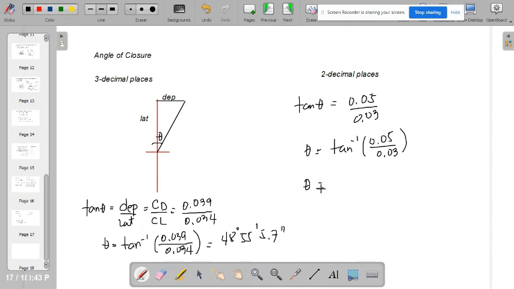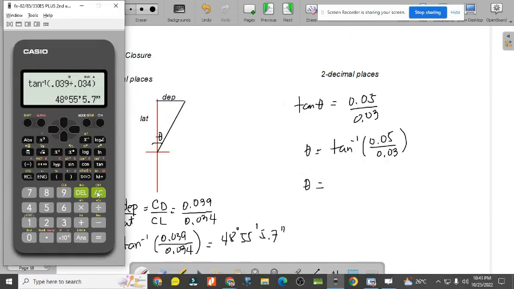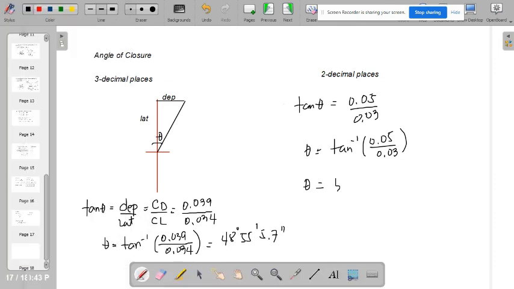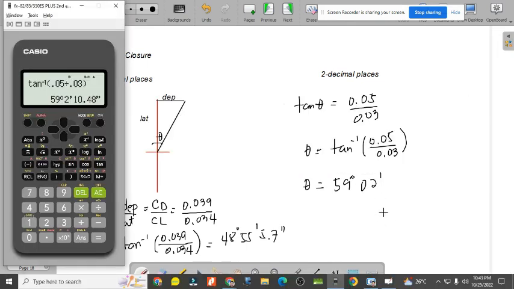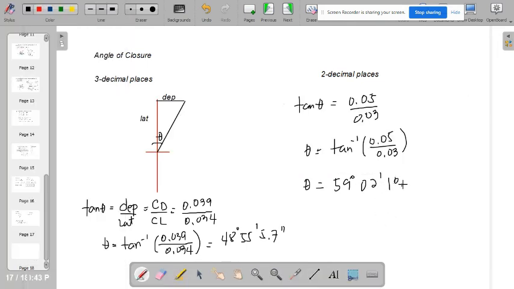So, let's take the calculator. Shift tangent 0.05 divided by 0.03. Oh, look at that. This is 59 degrees, and then 02 minutes, and then 10.48. So, it's totally different from the answers in the choices.